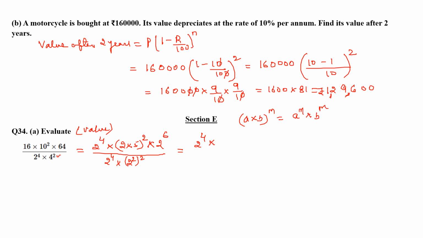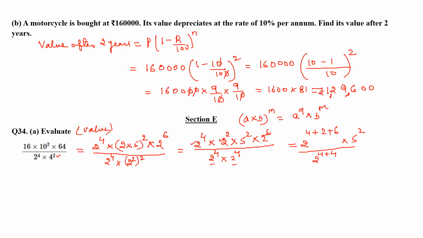So according to that law, write it as 2 square into 5 square into 2 to the power 6 by 2 to the power 4 into 2 to the power 4. Now in the numerator you see the base 2 is here, here, and here, and it is multiplication. So you have to add the powers. So 2 to the power (4 plus 2 plus 6) into 5 square, and in the denominator also you can see the base is the same. So add the powers.